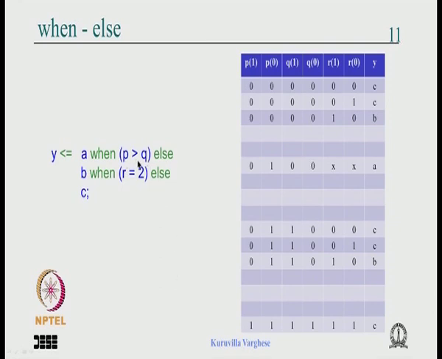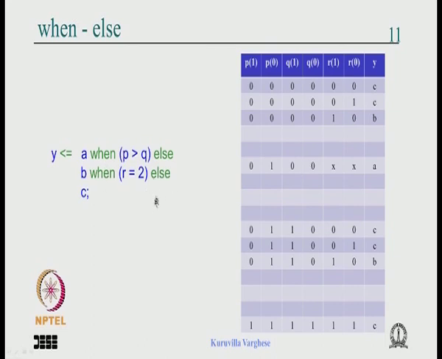So you have P, Q, R, A, B, C, and as I said A, B, C is not shown as a separate column, but it has to be. Wherever P is greater than Q, then you have A. Wherever P is less than or equal to Q and R is equal to 2, then you have B. Else everywhere else you have C. So that is what this conveys actually.